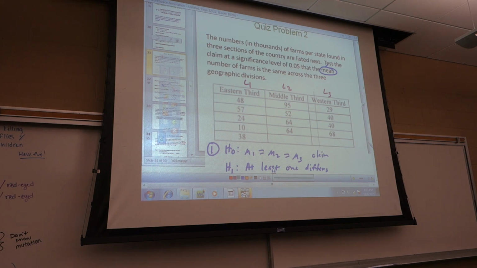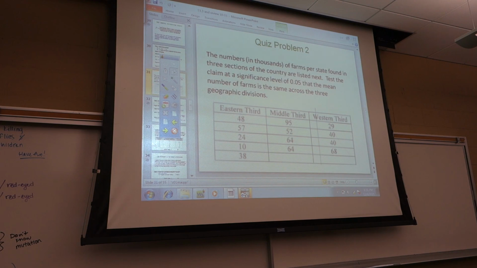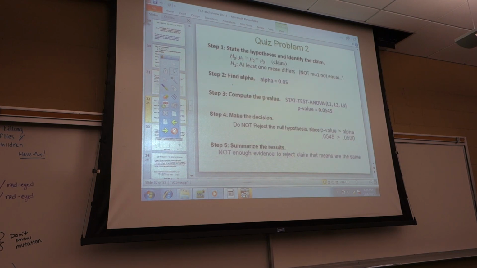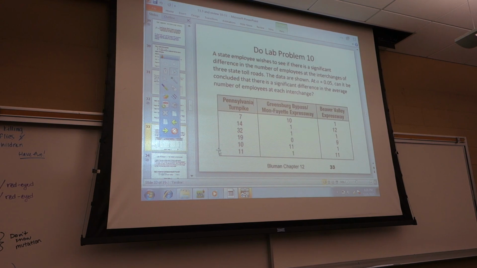Okay, so how do folks feel about ANOVA? Pretty good? Okay, so what we're going to do is two more. Lab problem 10 and the one on the next page.